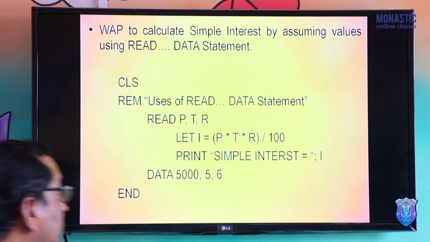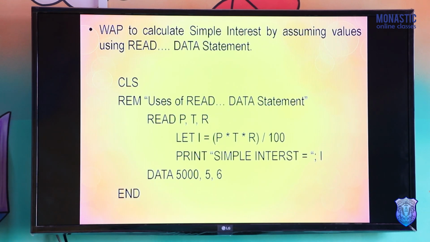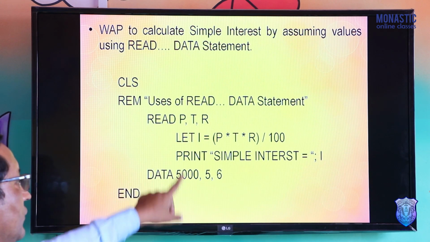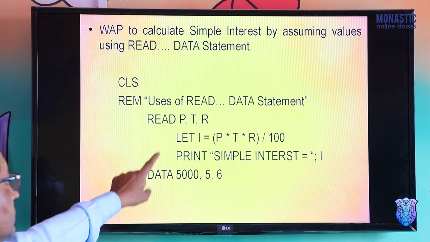See here, for example, we have to calculate simple interest by assuming value using the read data statement. Assuming value means assigning value. You have seen assigning value with the let statement also, but here we are using the read data statement for assigning the value.